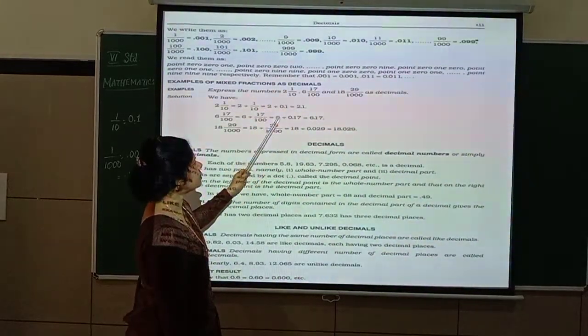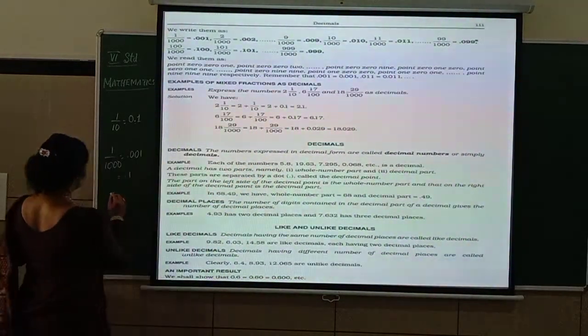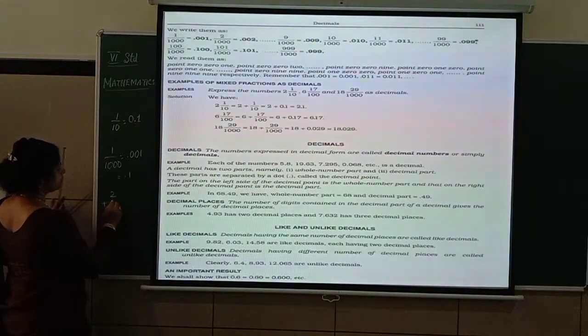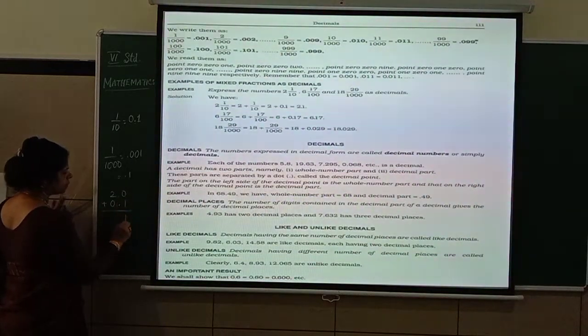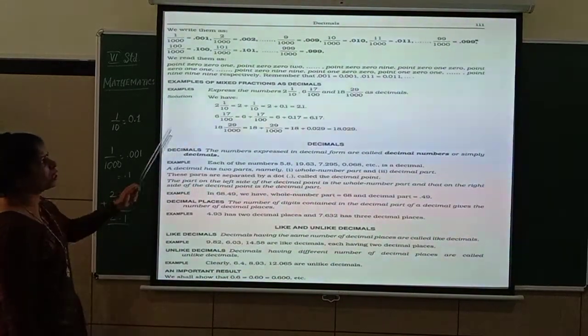So you are adding 2 plus 0.1. This is how you have to write. So this is a whole number, this is a decimal number. If there is no decimal, it means 0.0. It is understood there is 0.0. So 0 plus 1 is 1 and then 2 plus 0 is 2. So what is the answer you get? You get the answer as 2.1.